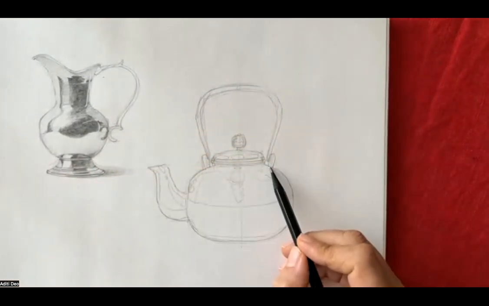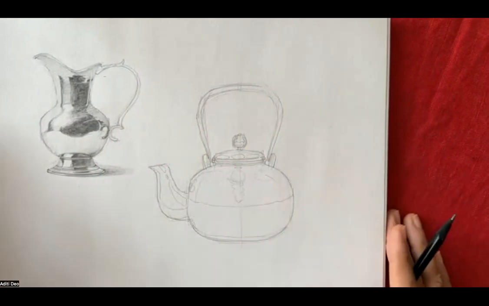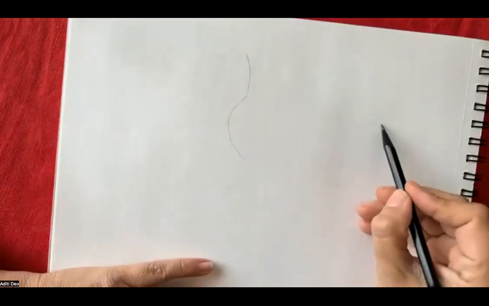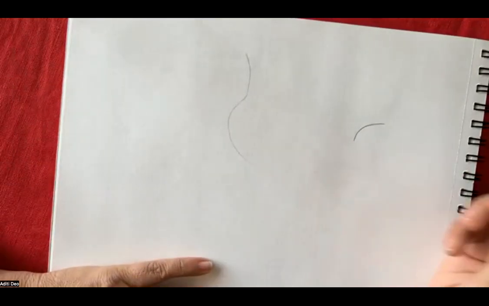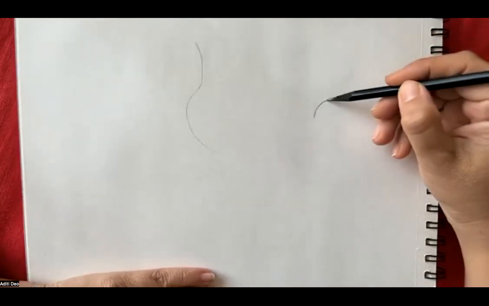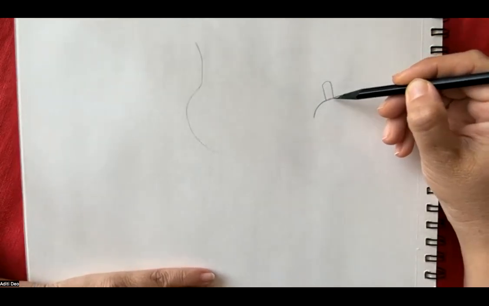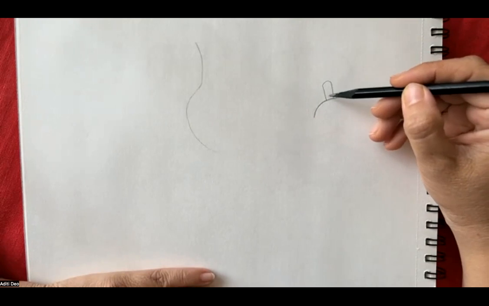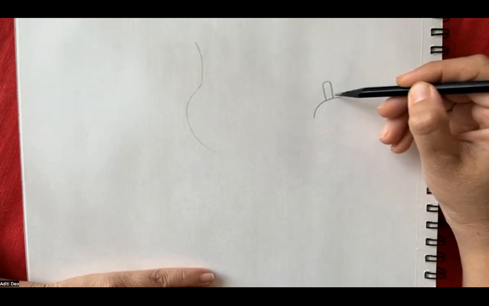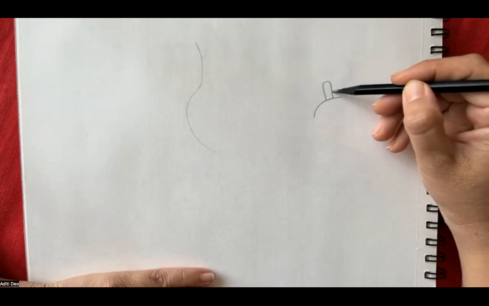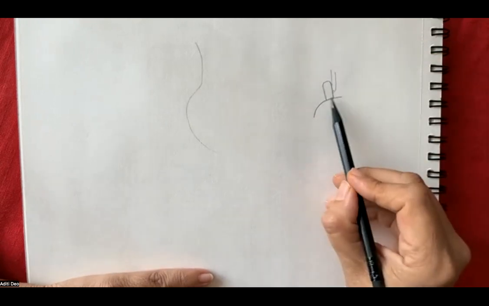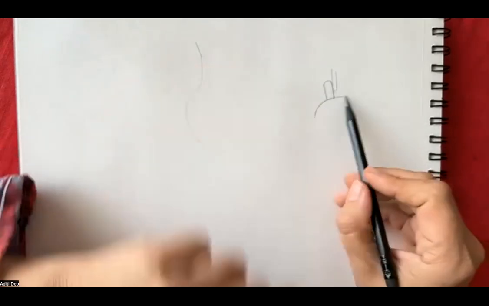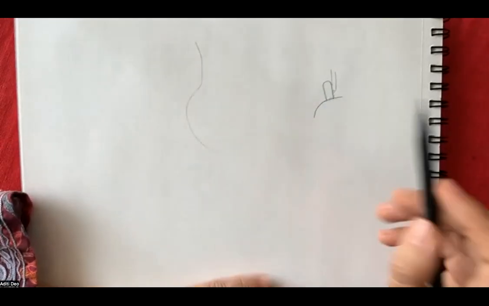So over here, you might be tempted to draw a line, say the shoulder of the teapot like this, and then on top of that you will draw a little knob that comes out onto which the handle is then attached. So eventually when you paint it, this will look like a cartoon.